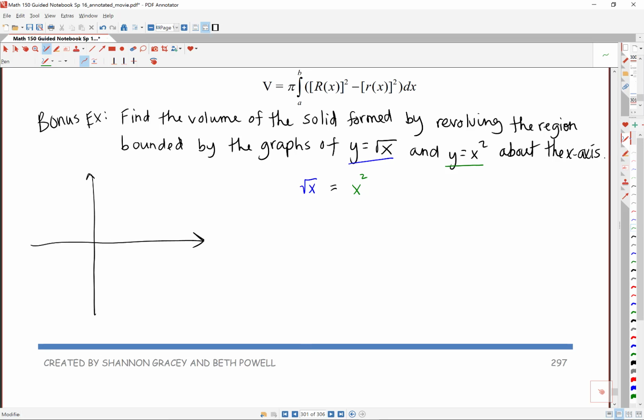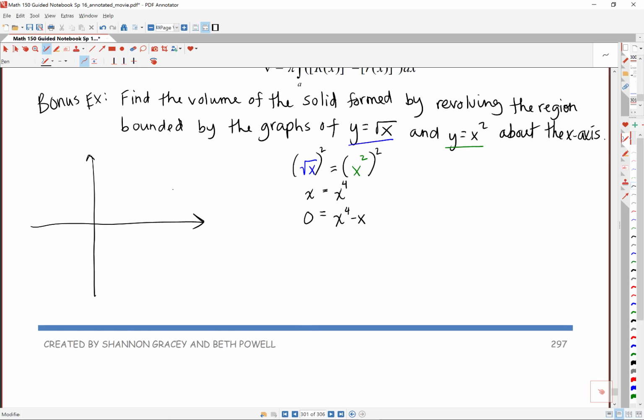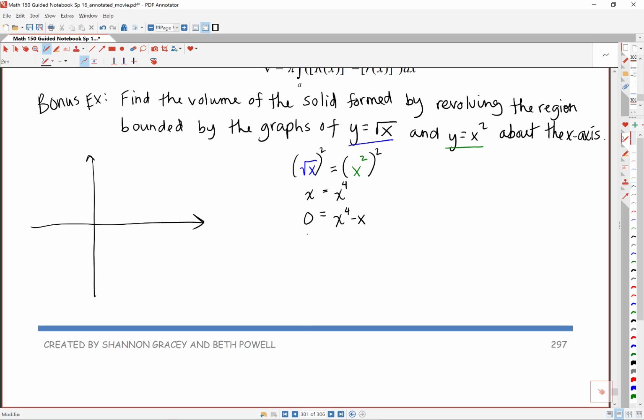And if we were to square both sides, we would get x is equal to x to the fourth. So then, bringing that x to the other side, we get 0 is x to the fourth minus x. Factoring out an x, we get x times x cubed minus 1.